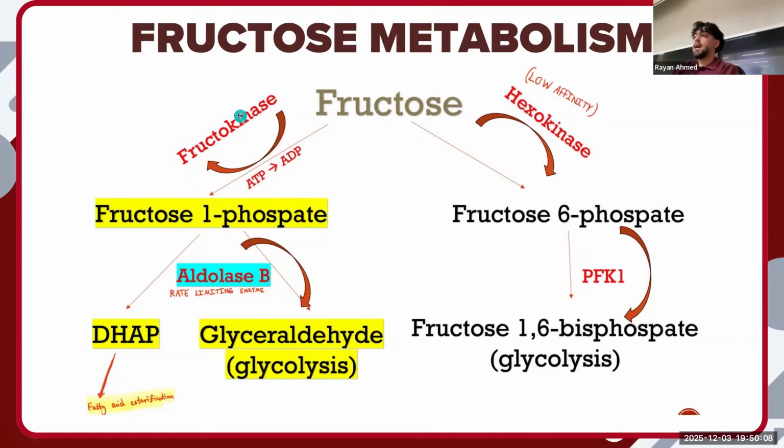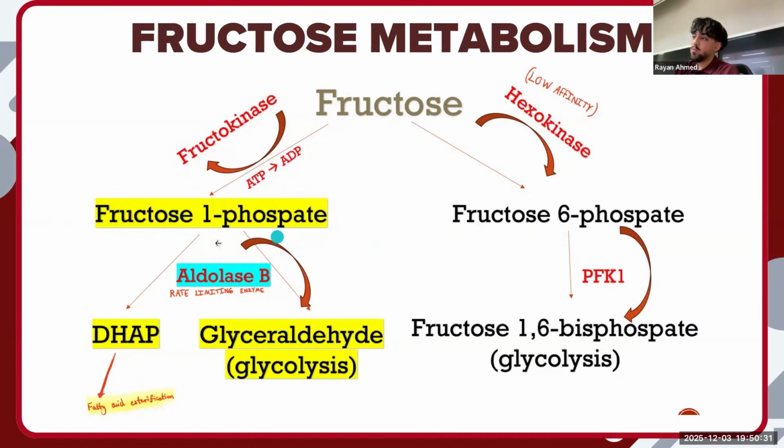Now, the high affinity we have, which is fructokinase, right here, this is high affinity. Remember, fructokinase also needs ATP to be broken down into ADP. So fructose will be broken down to fructose 1-phosphate, not 6-phosphate, fructose 1-phosphate, through the help of fructokinase and ATP, making ADP. Okay?